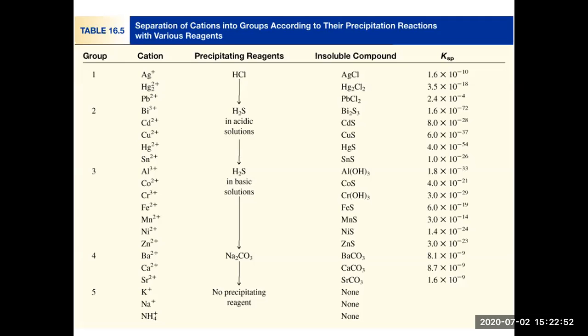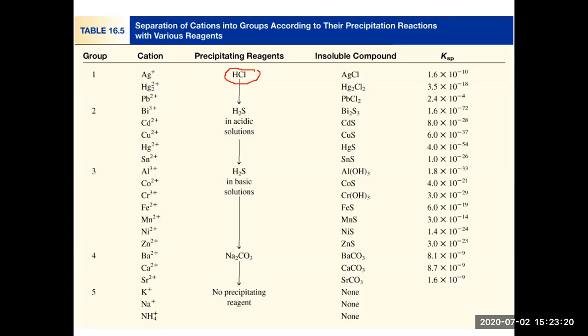For example, group 1, which is silver, lead, and mercury, are our exceptions to the normal solubility of chlorides, bromides, and iodides. That's why those ions are grouped together, and why there's a group reagent. Technically that's why we add HCl, because that's going to precipitate out those ions as chlorides.